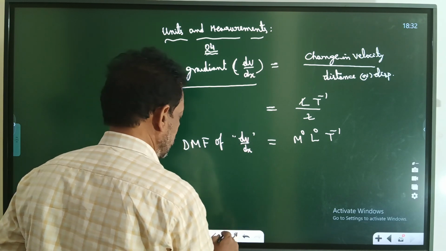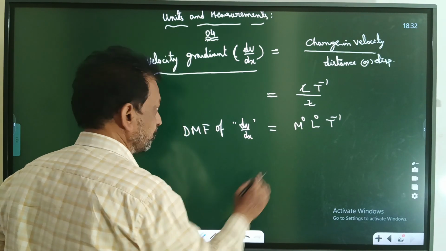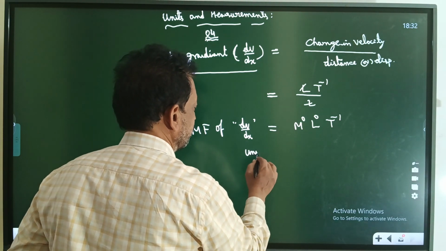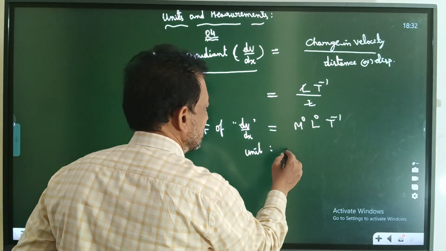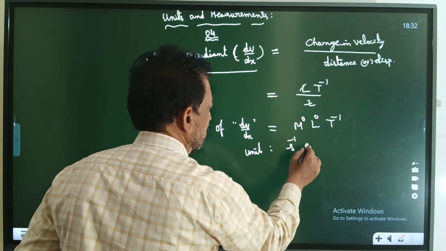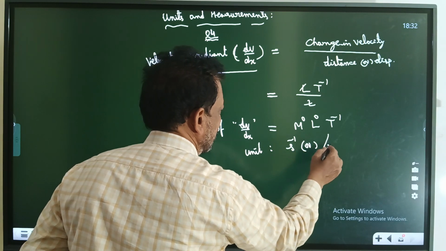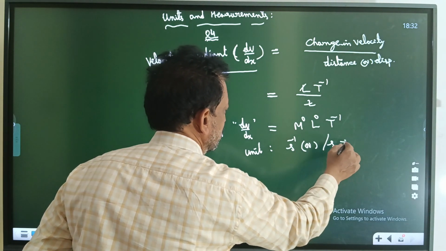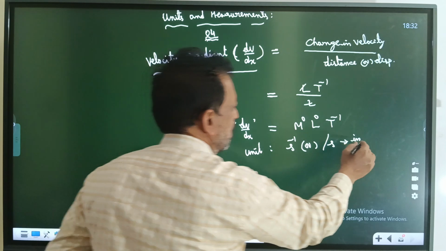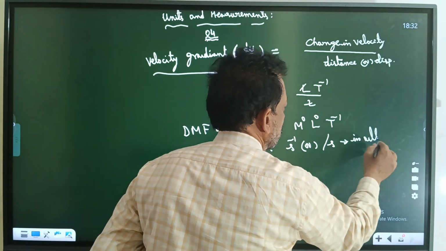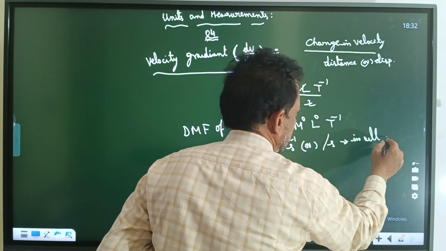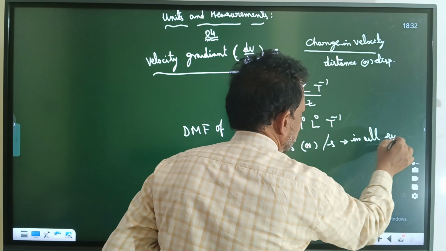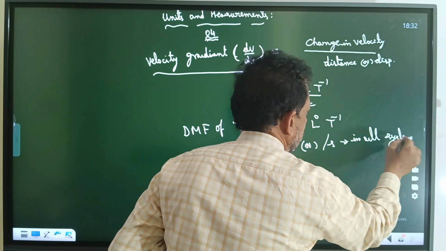Okay, now writing the unit. The unit is second inverse, or per second, in all measuring systems.